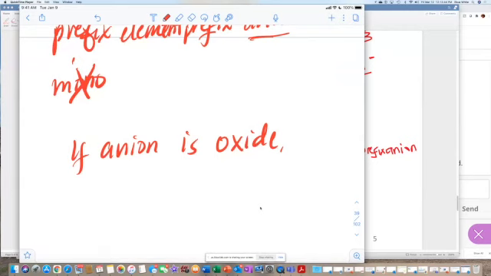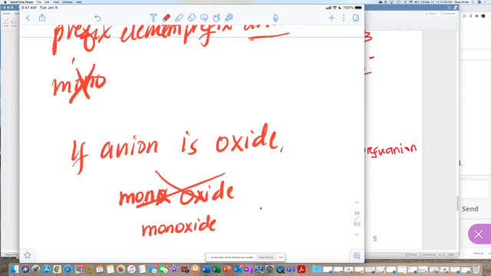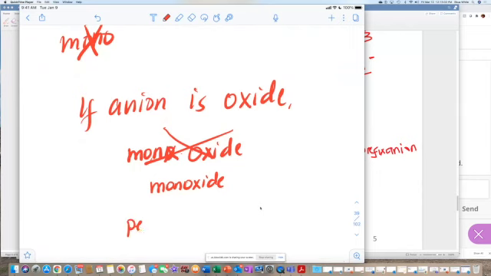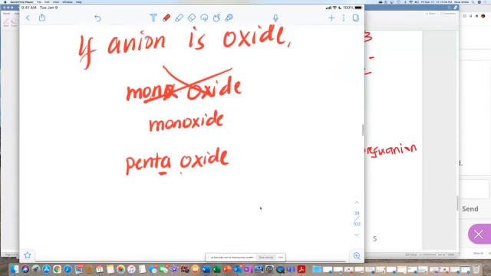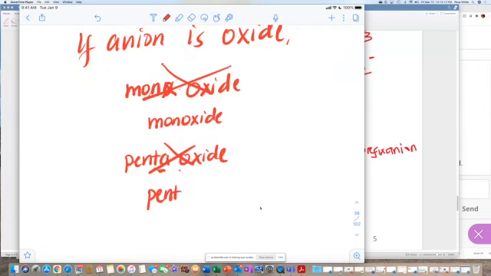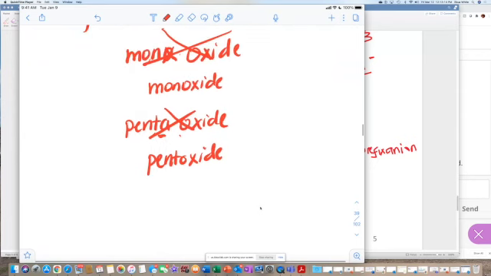So if the anion is oxide and your prefix is mono, then you have monooxide, and this consolidates into monoxide. And then say you have pentaoxide, because your prefix is saying 5 oxygen, you will use pentoxide in its place. Okay? So if you have decaoxide, you will use decoxide in its place.